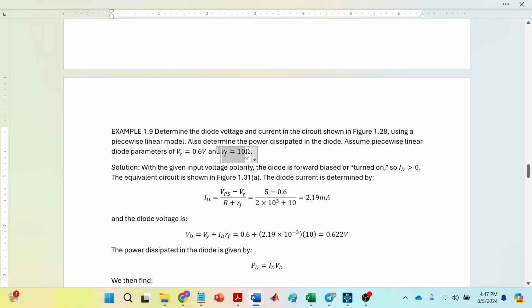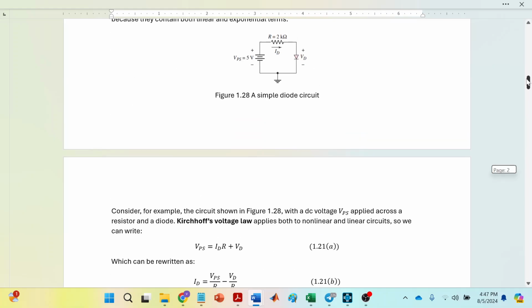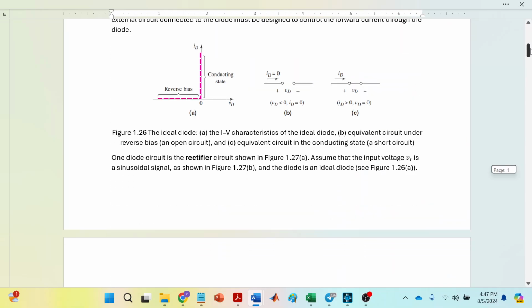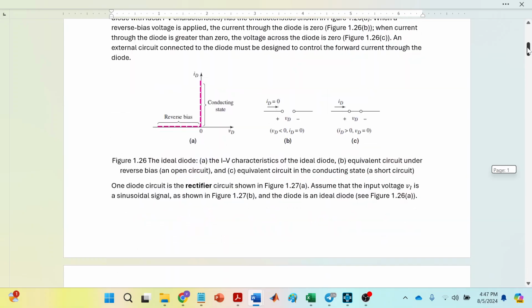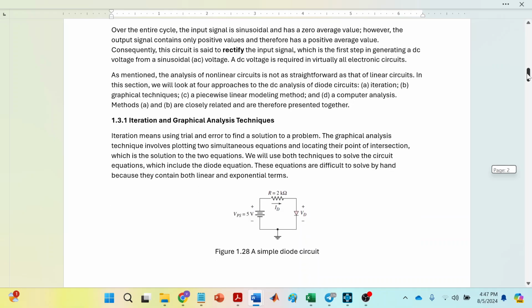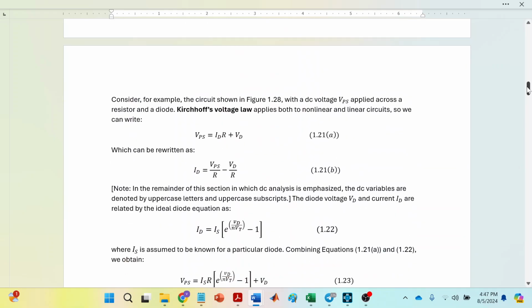So the ID is just given by this equation. This equation is also the same equation we have here when we did the KVL analysis of the diode. It's just this equation, but in place of VD we have V gamma, and in place of R we have R plus RF.